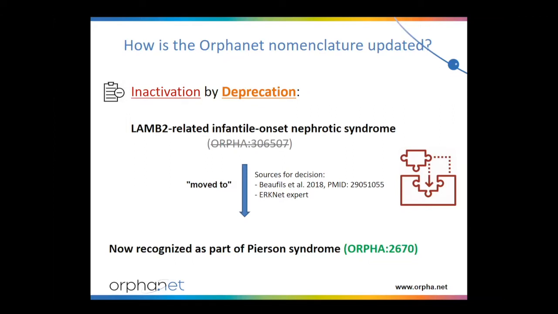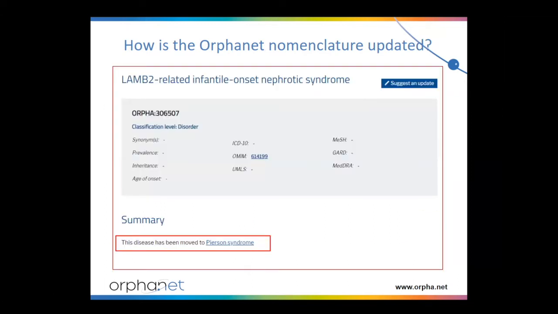So we have inactivated the LAMP2 entity and established a move-to relationship with the now recognized entity, the active one, which is Pearson syndrome. This information is visible on the Orphanet website for deprecated entities and stated in an automatic text for the appropriate redirection of the user towards the active ORPHAcode that they must use instead.